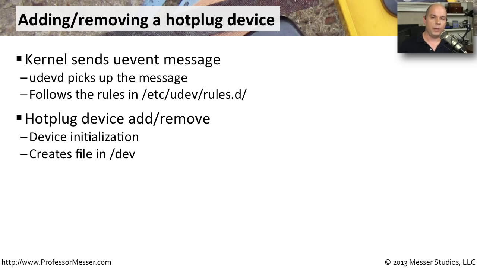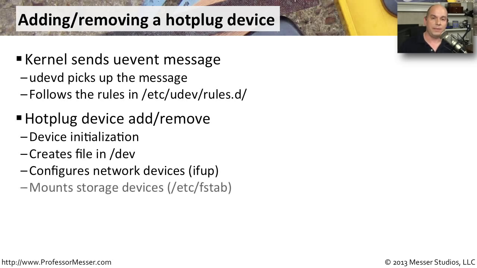At that point, we go through the list of those rules to determine what happens. For instance, if it's a network device, then perhaps that network device is automatically initialized and put into an up condition. Maybe if it's a storage device, it's mounted automatically, and we would check /etc/fstab for that. And at that point, the operating system is told that a new device is ready, and if anybody would like to take advantage of that new piece of hardware, it can now use that for whatever purposes it needs.